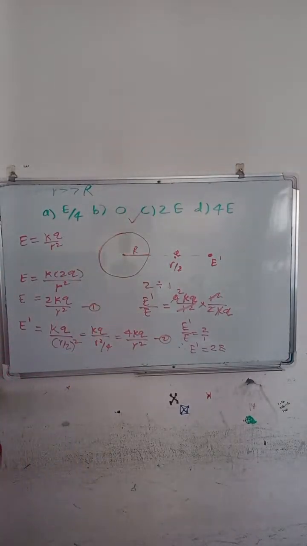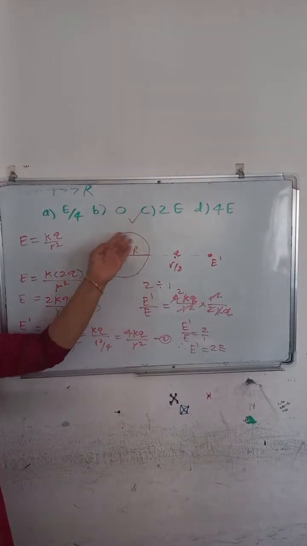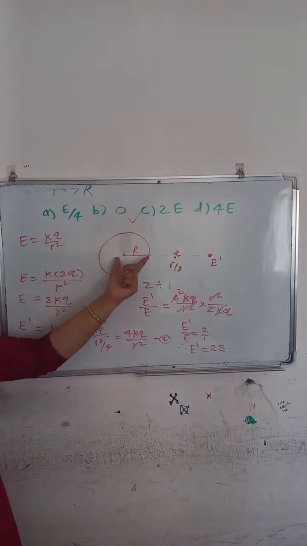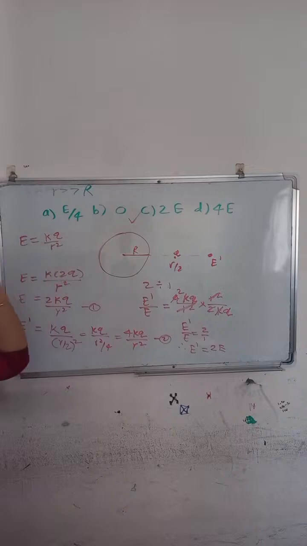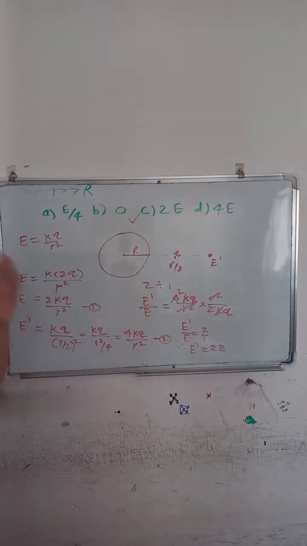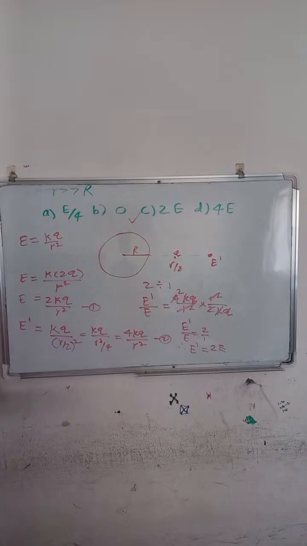And here many people are thinking, the shell's radius R is given. But they are not asking about any charge on the surface or inside the surface. So this R anyhow we are not using. And here we are finding the answer in terms of electric field. So this logic we applied over here, and we got E dash is equal to 2 times E. Getting this? So option C is the correct option.